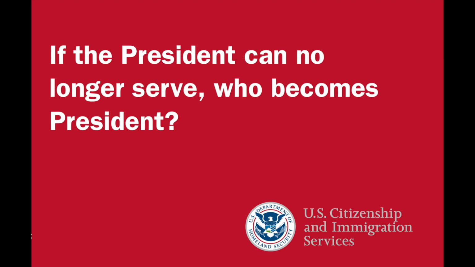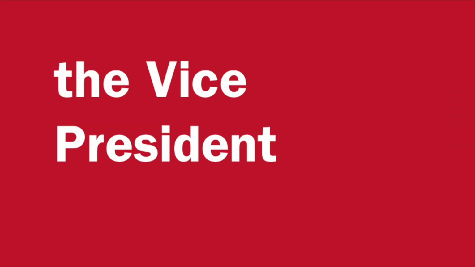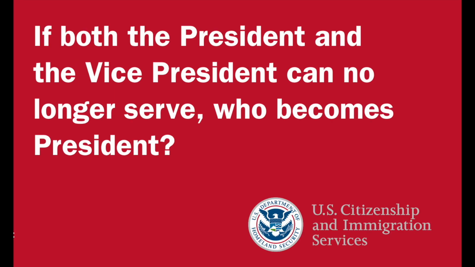If the president can no longer serve, who becomes president? The vice president. If both the president and vice president can no longer serve, who becomes president? The Speaker of the House.